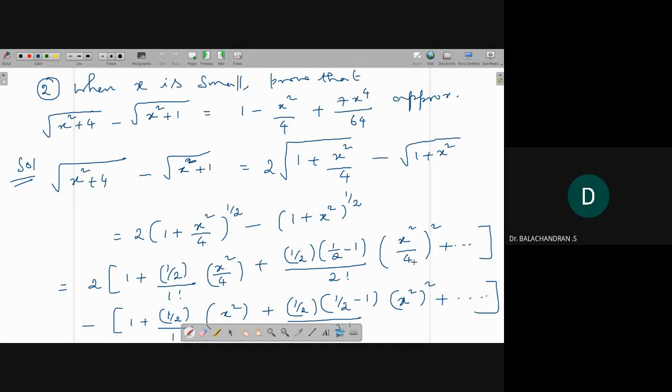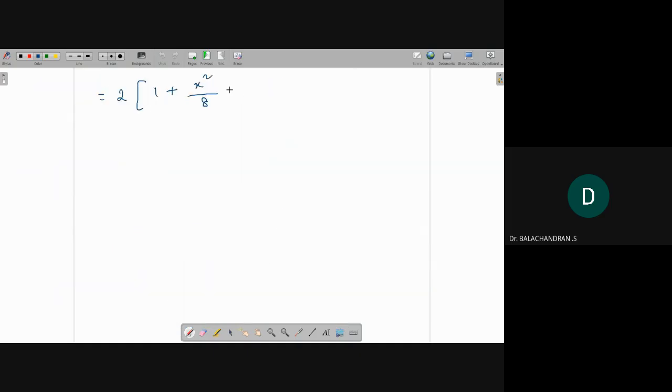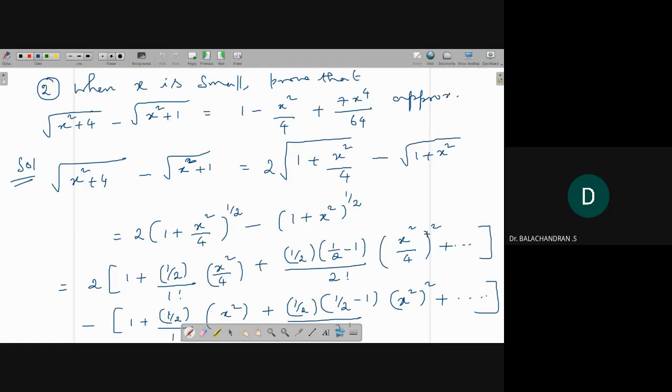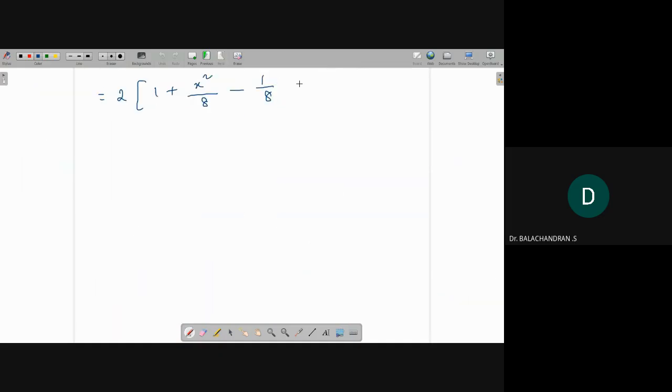X power 4 by 60. So minus 1 by 8, minus or plus? I think it is minus half. So minus 1 by 8 into x power 4 by 60, plus and so on.